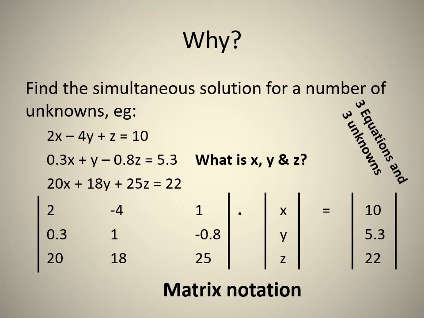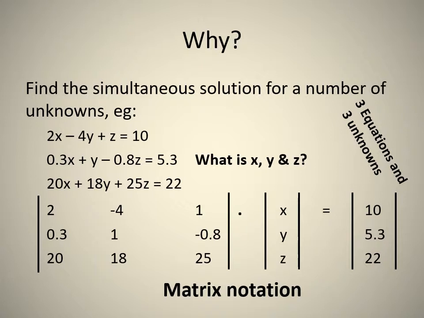Obviously, nobody will be able to solve for x, y, and z if you have three unknowns and only one equation. But let's say you have a second equation with the same three unknowns, 0.3x plus y minus 0.8z equals 5.3.